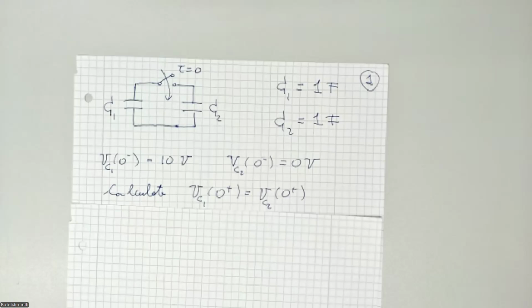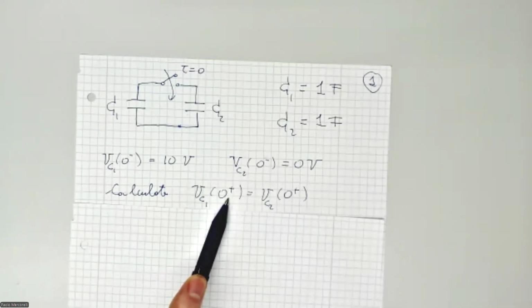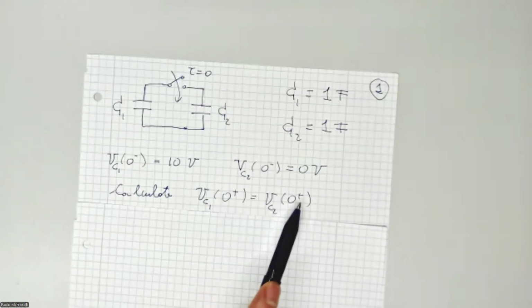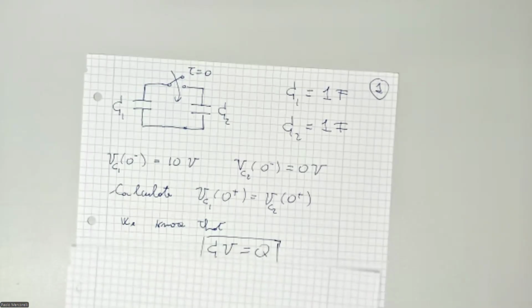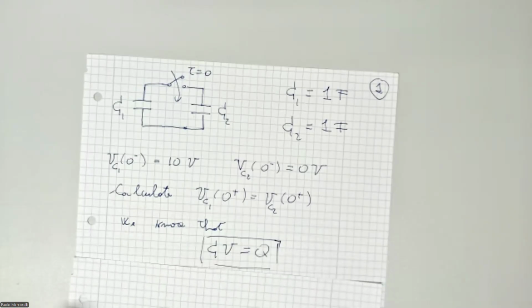Question. Calculate VC1 at time 0 plus, which is equal to VC2 at time 0 plus. You know this from the concept of parallel. I don't want to go in depth on parallel, but you know better than me. How can we solve this?